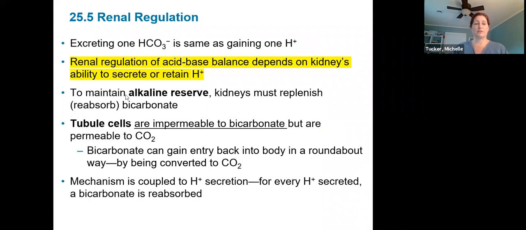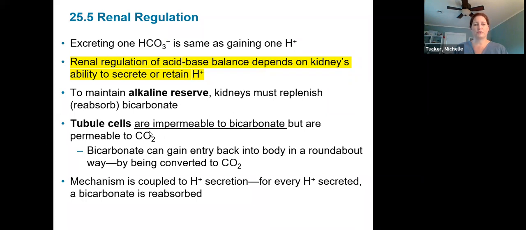In order to maintain alkaline reserve, the kidneys must reabsorb bicarbonate. Tubule cells are impermeable to bicarbonate. So bicarbonate is going to be part of that filtrate coming through the tubule system, and we must reclaim bicarbonate or else we lose our alkaline reserve.